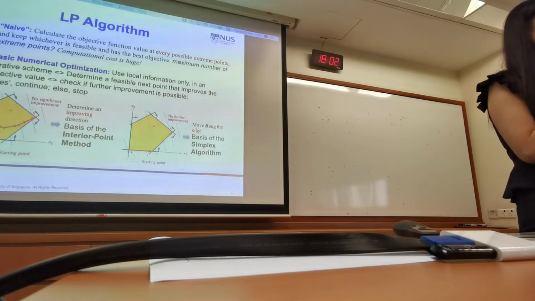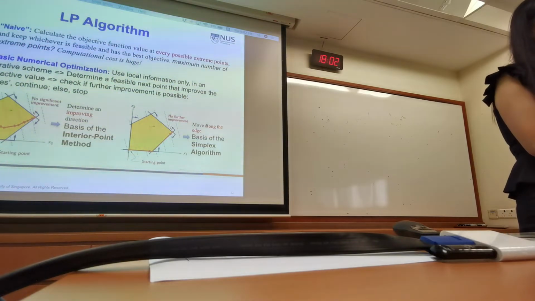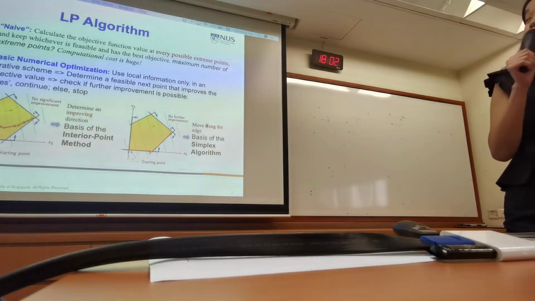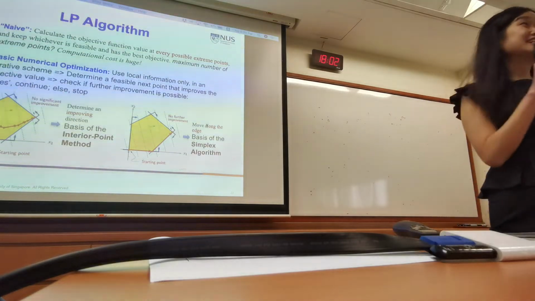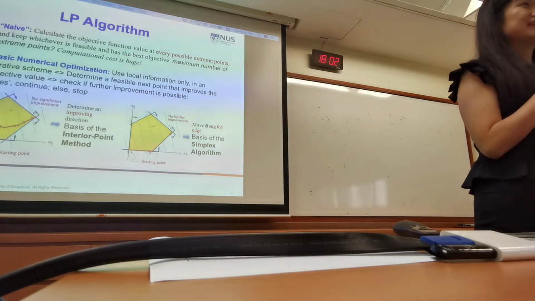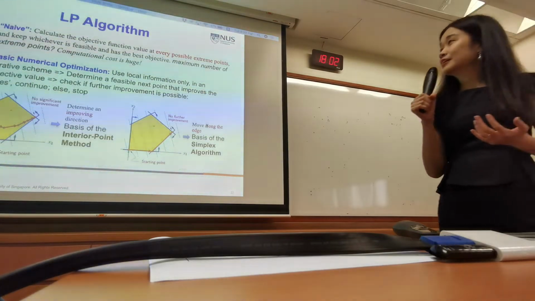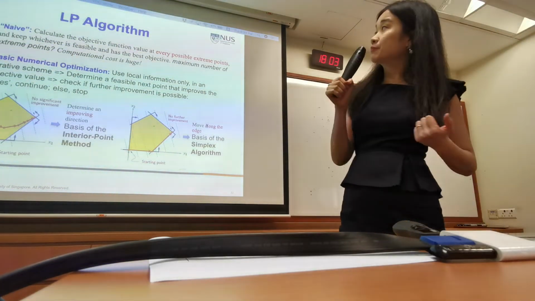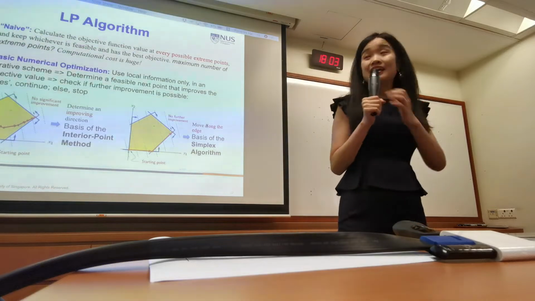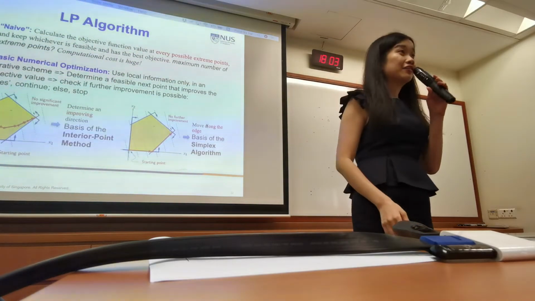It's a huge number, but anyway, that just gives you a sense that if you want to solve in a naive way by searching all the possible extreme points, that's very computationally expensive. That's why we need the algorithms.